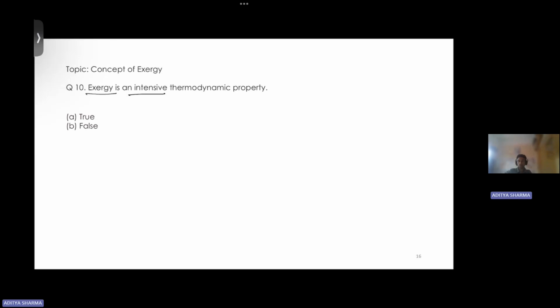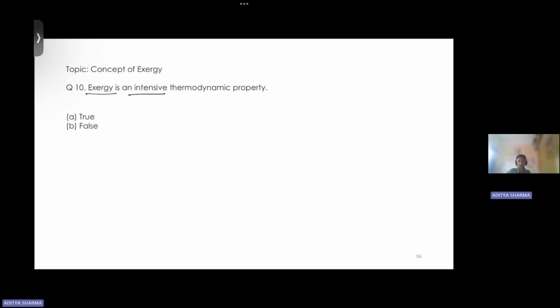But then whether exergy is an intensive property or not. If we see the expression for exergy, right? So it has energy terms, basically, right? The exergy basically is work, maximum theoretical work, and it has energy terms, right? And then entropy terms also. But all these terms that are there in the exergy's expression, all these are extensive properties, right?